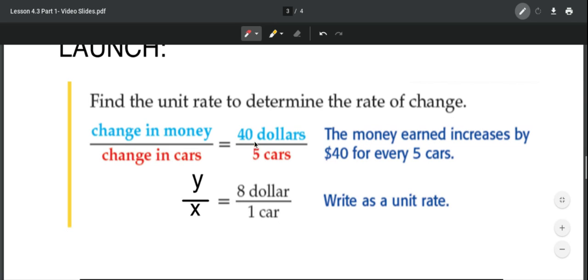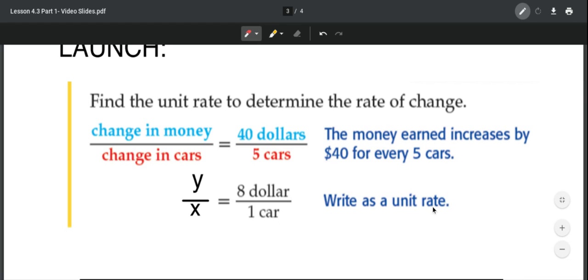So the change in money in this particular case is $40, and the change in cars is 5. So the money that is earned increases by $40 for every 5 cars.